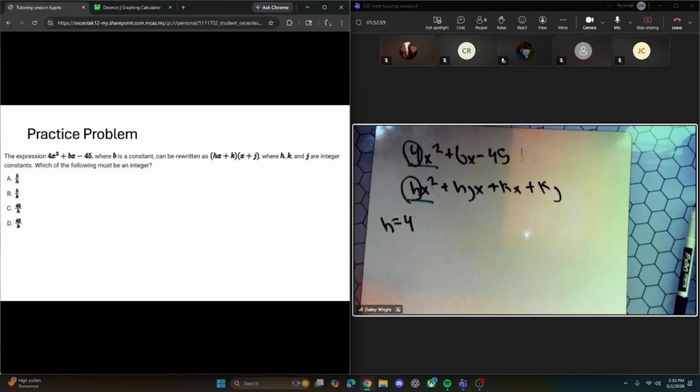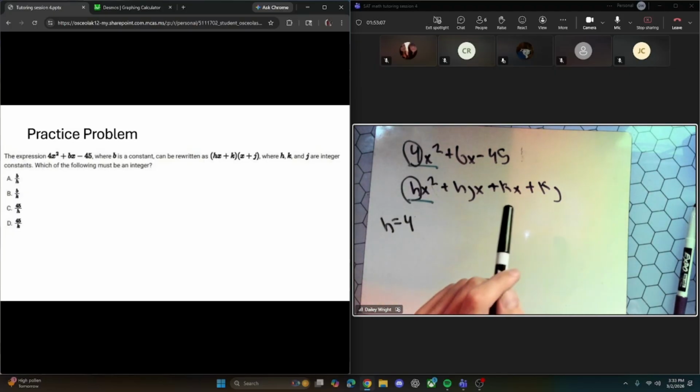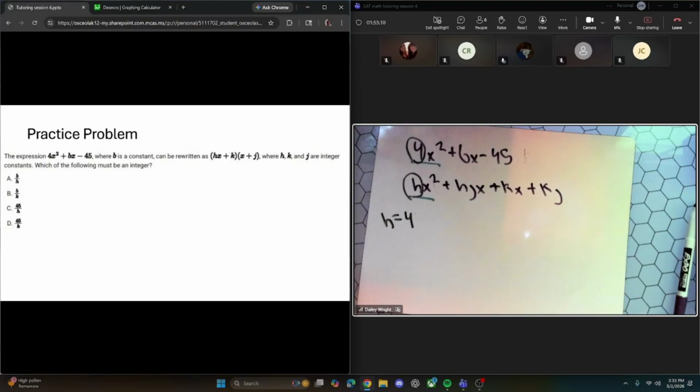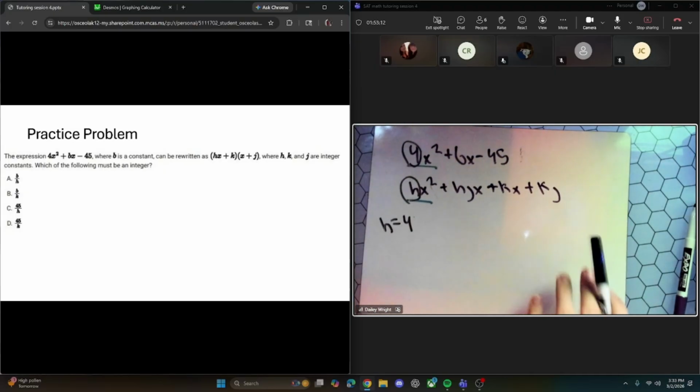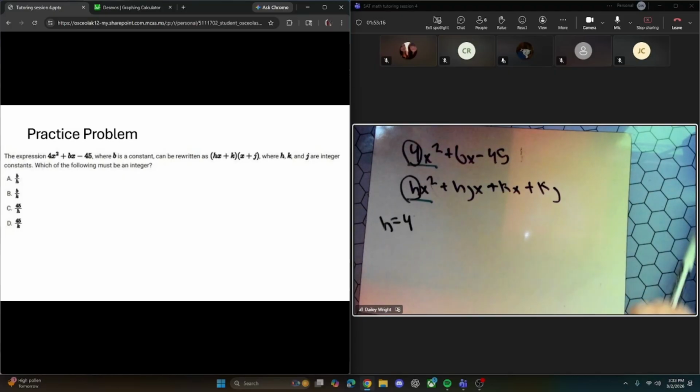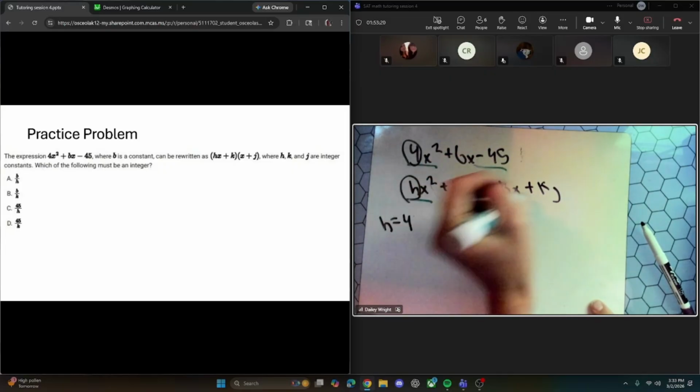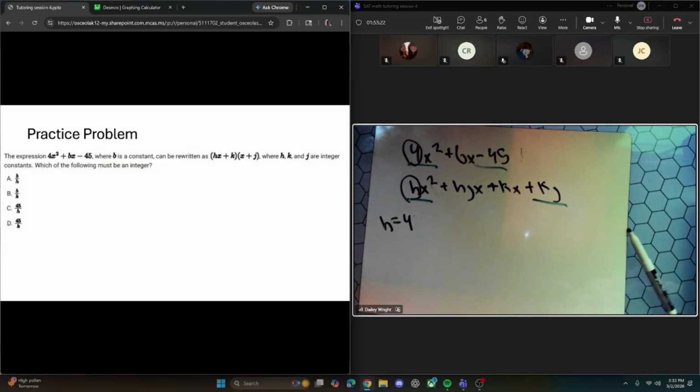We're given one of the integer constants. We know hj plus k must be equal to b, but since we're not given b, that's not any good information. And lastly, we see that our constant on the end here is negative 45 and kj.